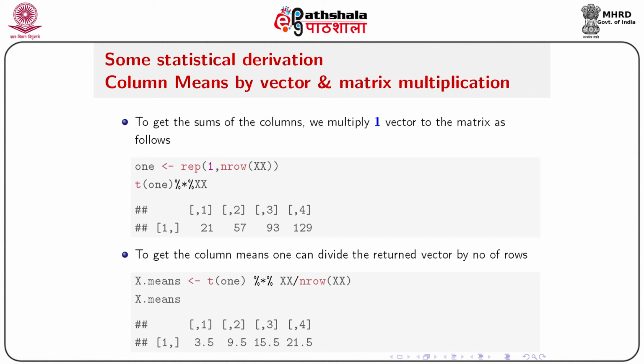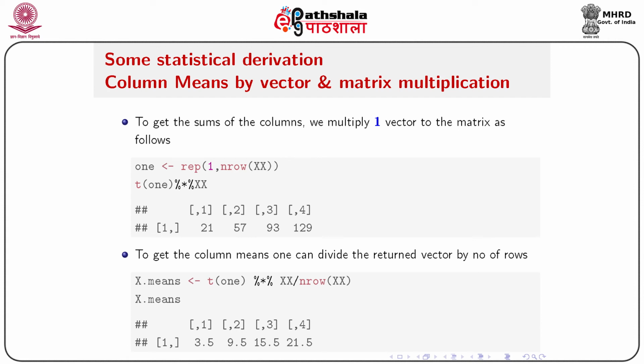For example, you write one equals rep of 1, n rows of double x times, which will give you a vector of ones, and then the transpose of 1 matrix-multiplied with double x will give you the sum of the columns.